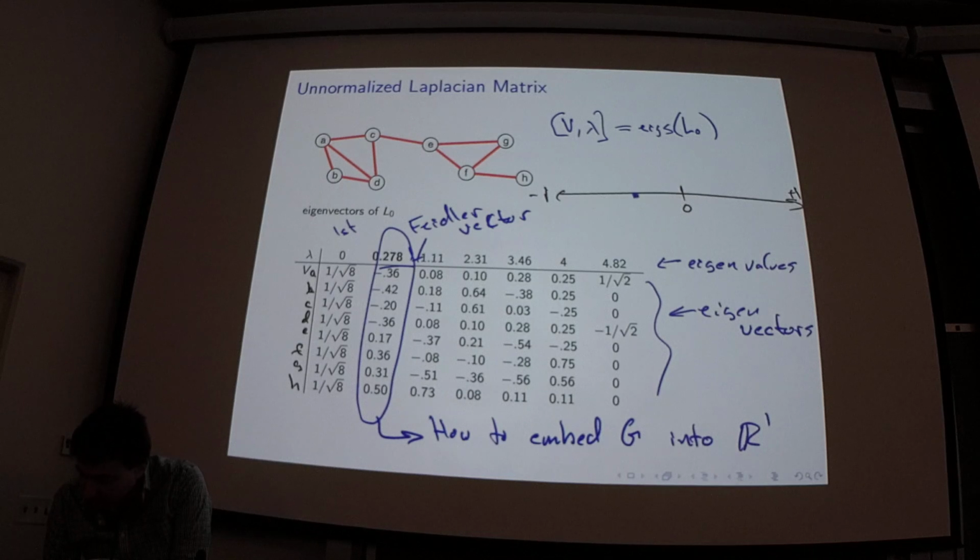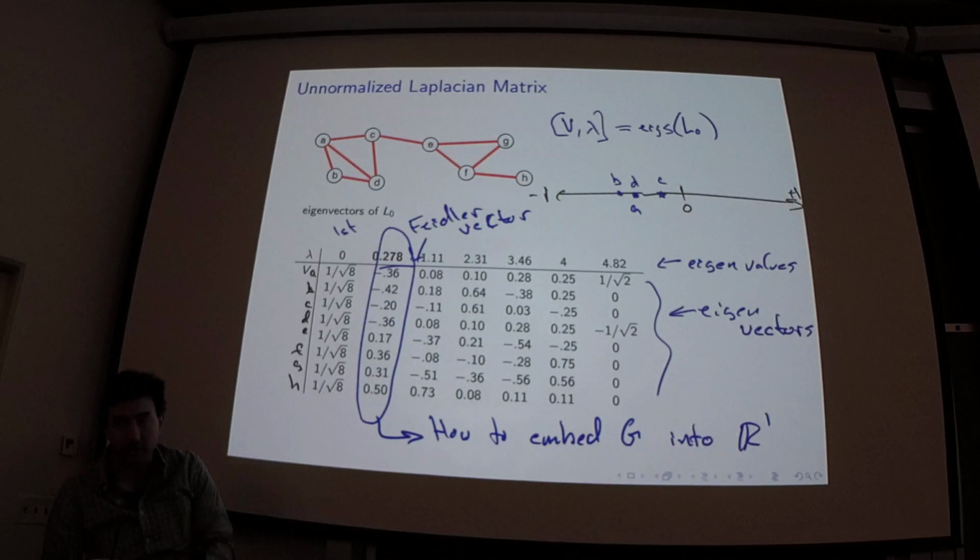So -3.6, this will be A. -4.2, this will be B. C is going to be -0.2, maybe it's even closer to zero. So this will be C. It turns out D is going to be right on top of A. We'll get back to that.